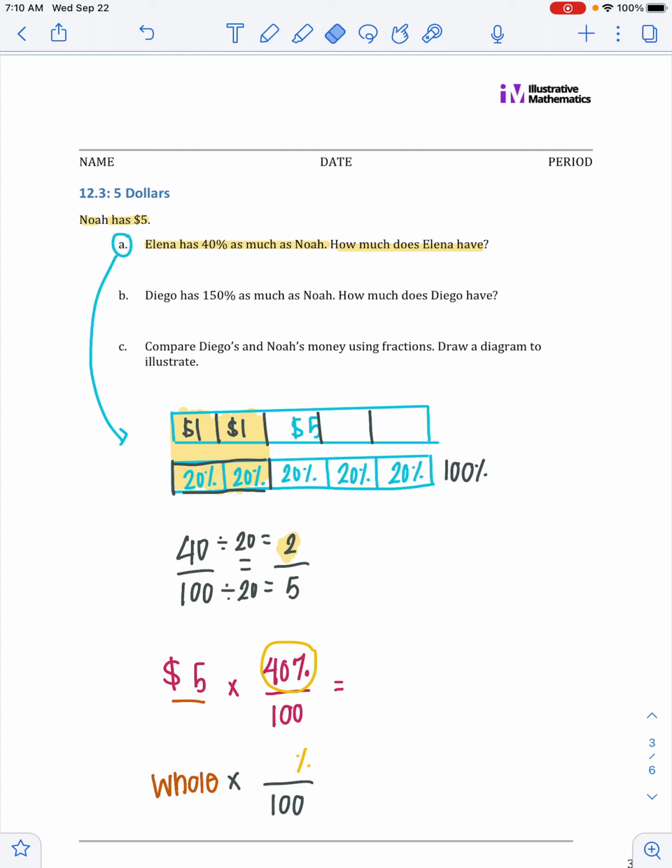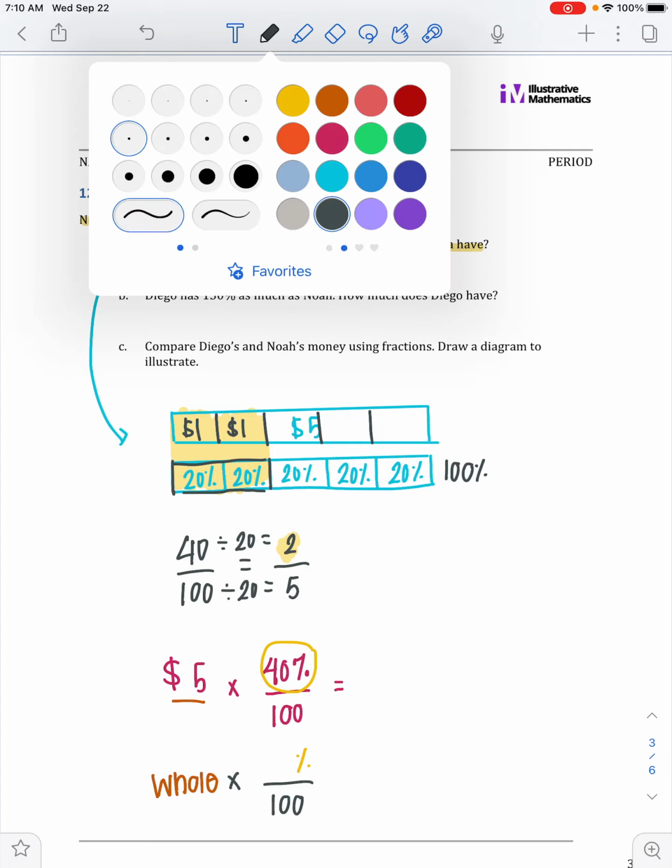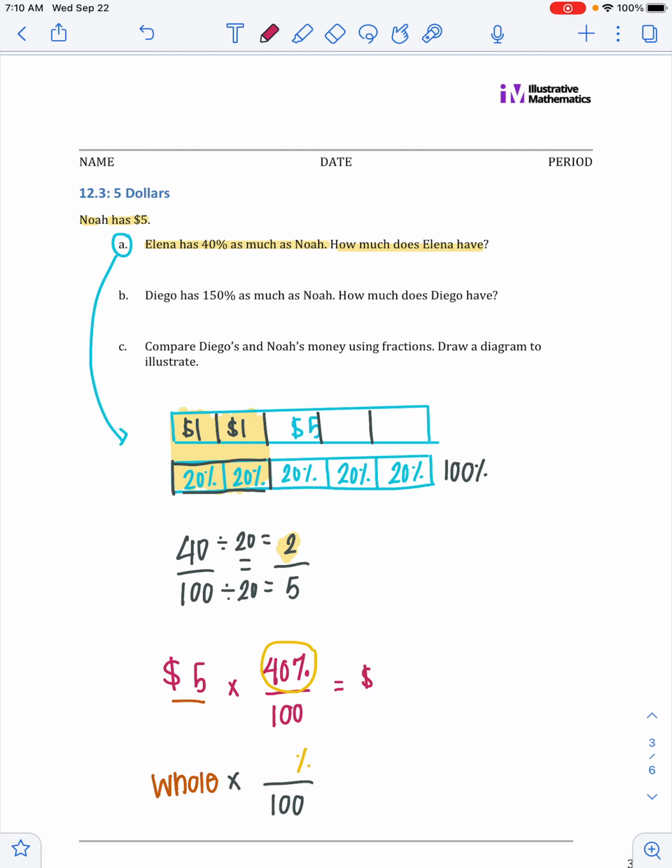It converts your percentage into a decimal. So, for example, $5 times 40 over 100 becomes $5 times 0.4, which also equals 2. So no matter what strategy we used, we ended up with $2 is 40% of $5.